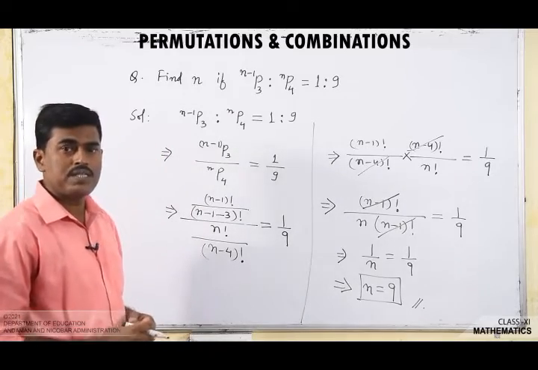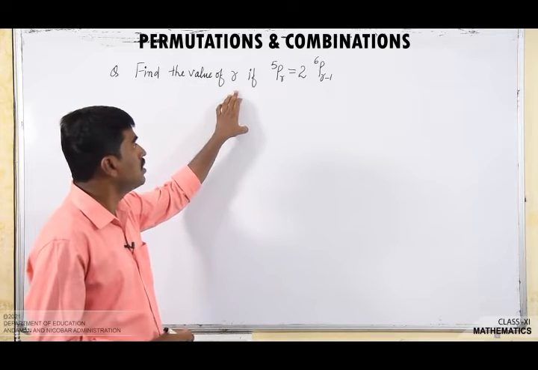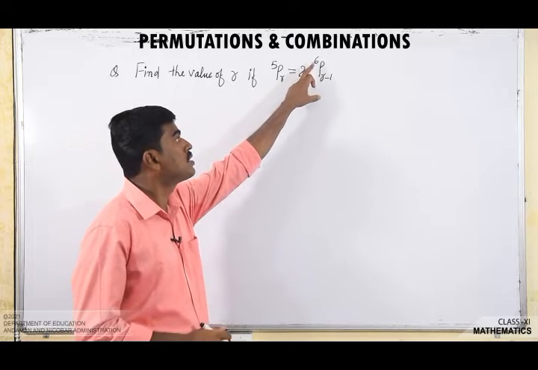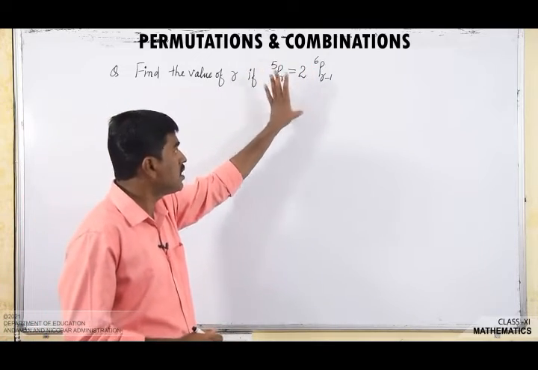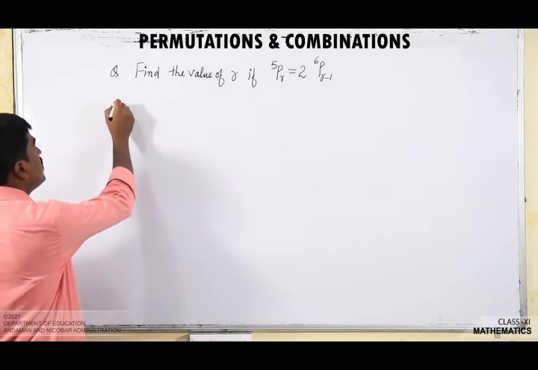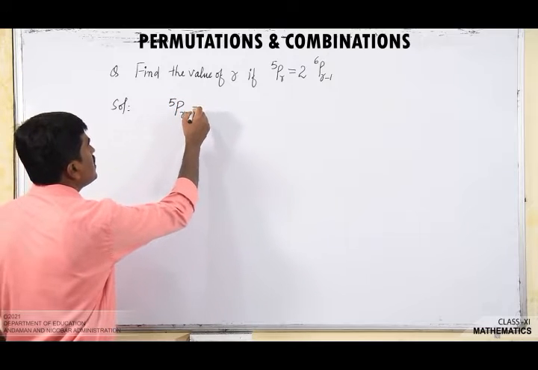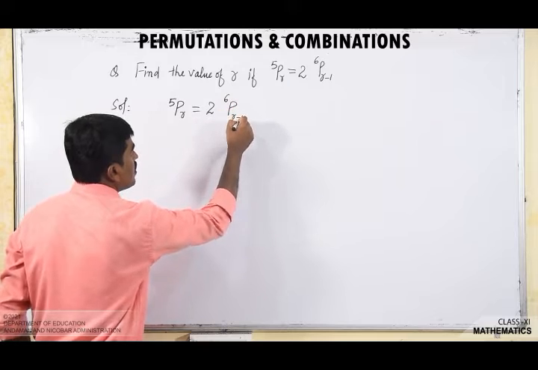Now let's move on to the second question. The question is, find the value of r if 5Pr is equal to 2 into 6P(r minus 1). One equation is given again, we have to find the value of r. So here the given equation is 5Pr is equal to 2 times 6P(r minus 1).